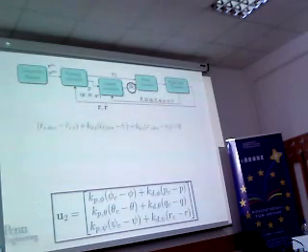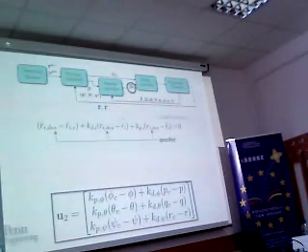Recall that we want this error to satisfy a second-order differential equation. In this equation, there's a set of terms that have to do with the desired trajectory and a set of terms with the actual trajectory that's being followed. From this equation, we want to calculate the commanded acceleration.